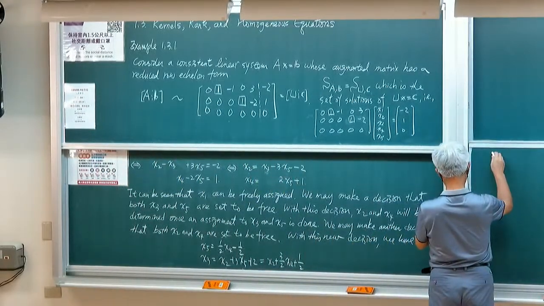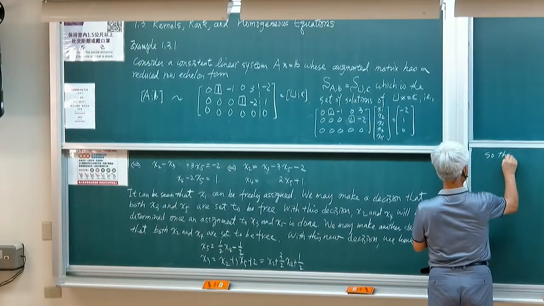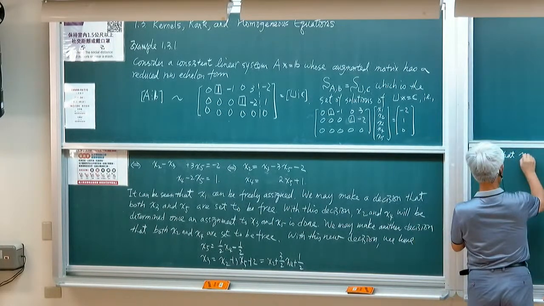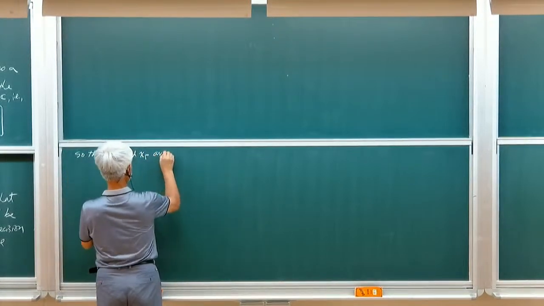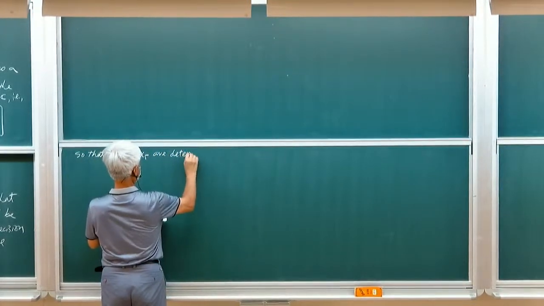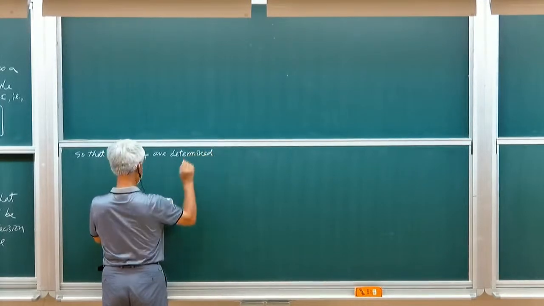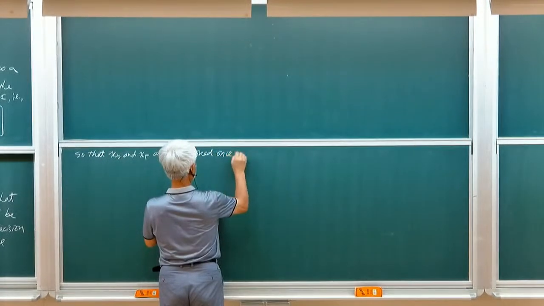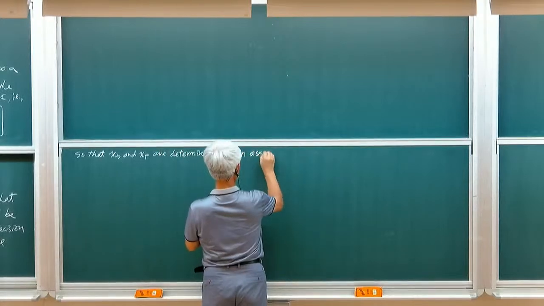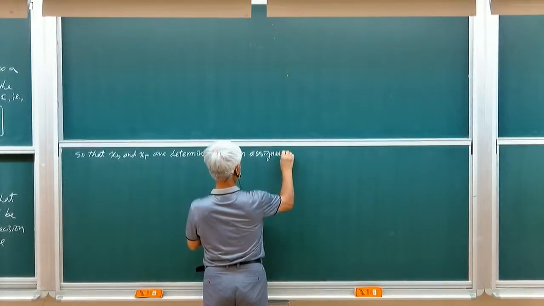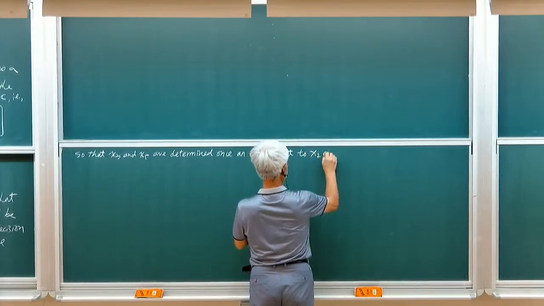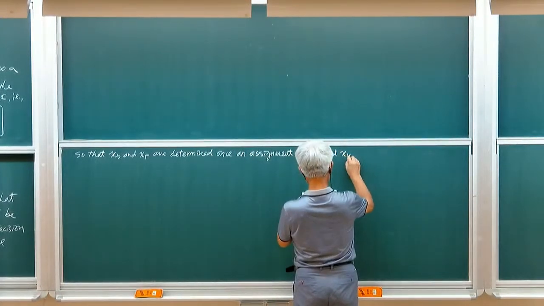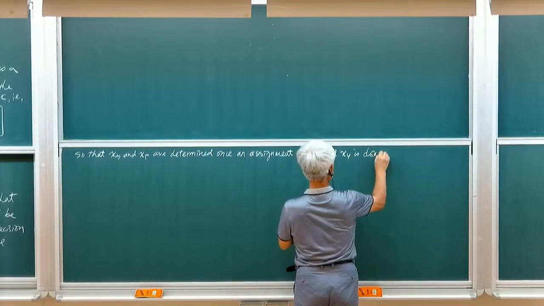So that x3 and x5 are determined once an assignment to x2 and x4 is done.